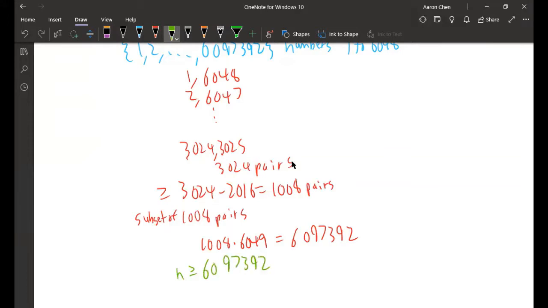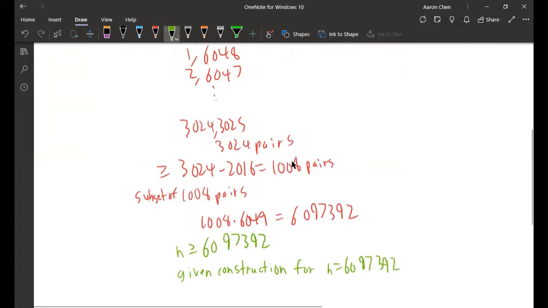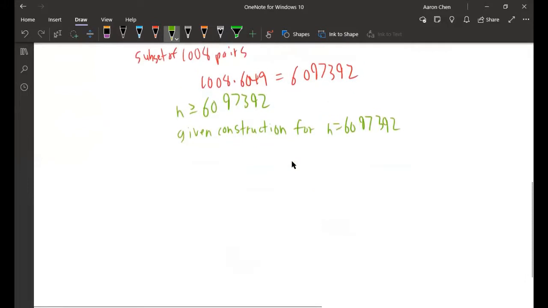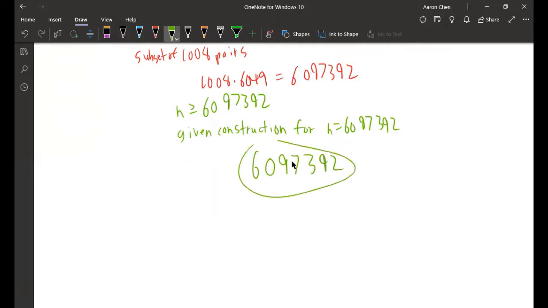And we've also given a construction for n equals 6,097,392. And so that means that the minimal n must just be 6,097,392. So thank you for listening.